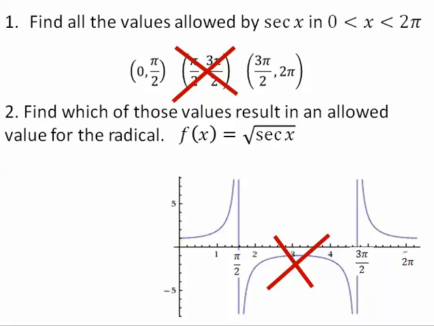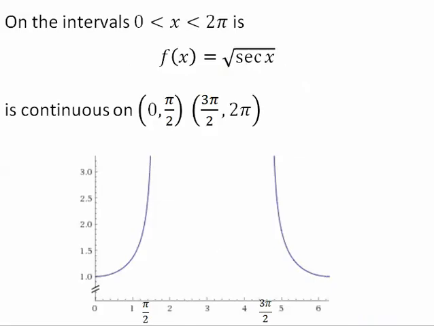From 3 pi over 2 to 2 pi, secant is again positive, and you can take the square root. So the square root of secant of x is continuous on the interval from 0 to pi over 2, and from 3 pi over 2 to 2 pi. And right here I have a graph of what the square root of secant looks like.